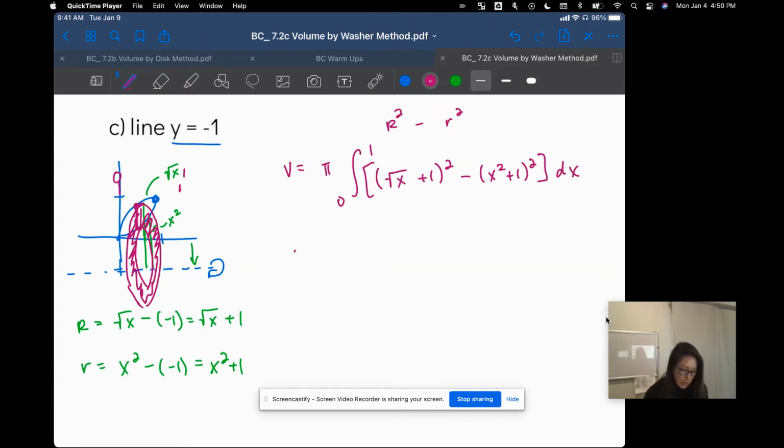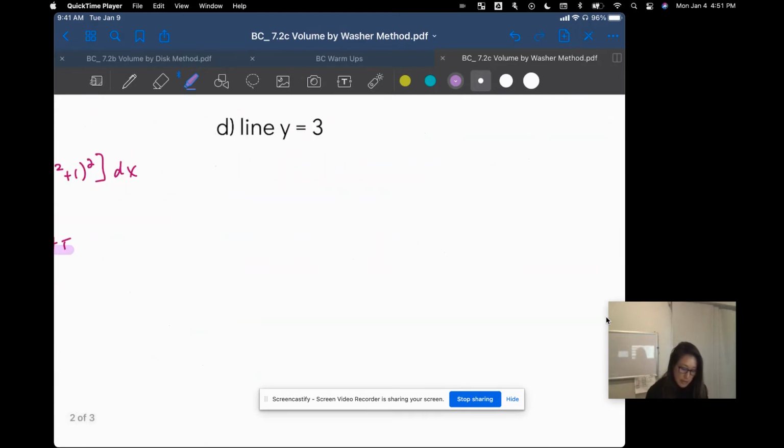Okay, so I get the volume is equal to, and again, I typed this into my calculator this time, and I got 0.966 truncated, or 0.967 times pi. Woohoo!